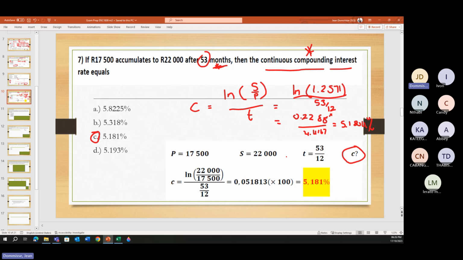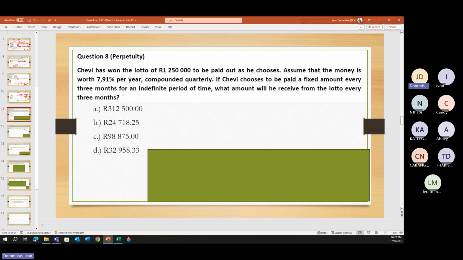The one that's normally the most frequently asked is that you work out the time frame. So this was for me very interesting, just a different way of asking it, where they normally would have asked something else in the continuous compounding interest. So again, just something to look out for.